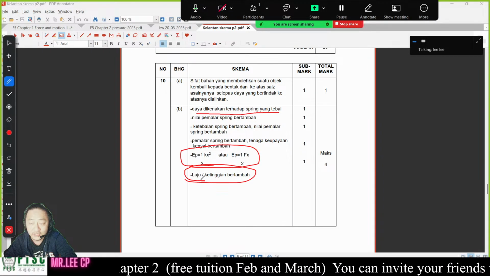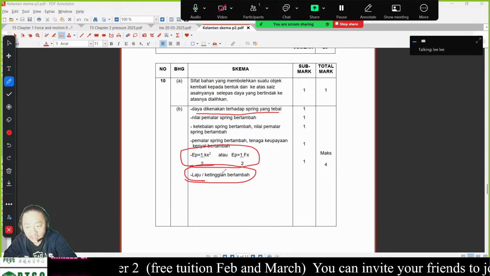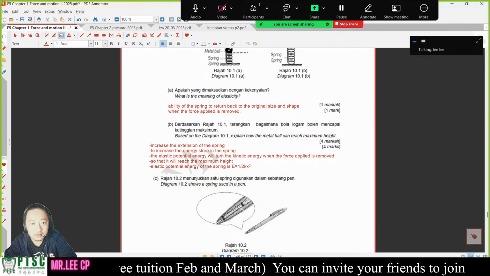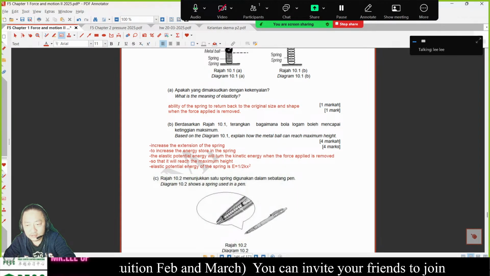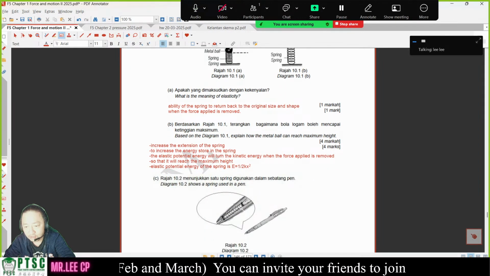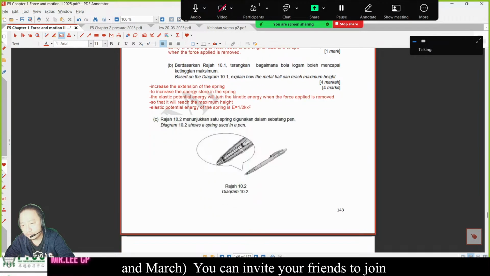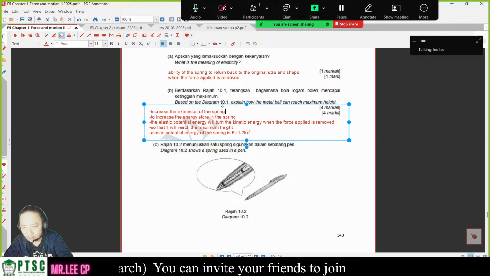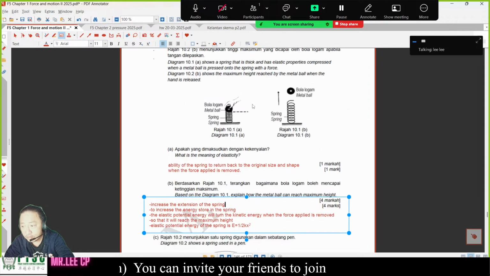Right? So, the height, you can reach the maximum height. Right? So, increase the extension. So, I don't have it. So, what should I do? I use the answer. Wait.